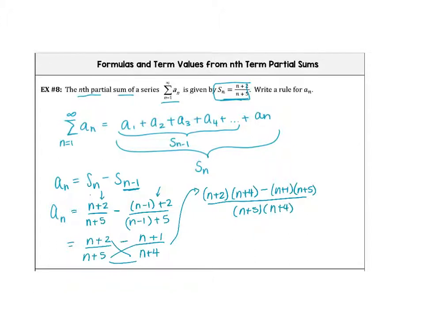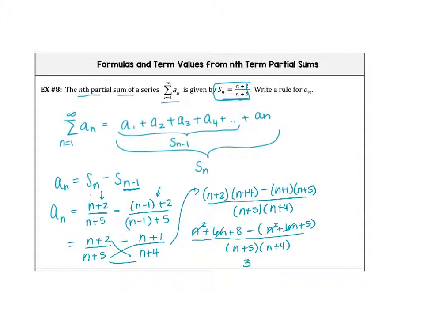All right, so we do need to FOIL out the top. So we're going to have n squared plus 6n plus 8 minus n squared plus 6n plus 5, and again, all of that's over n plus 5 times n plus 4. Collecting our like terms here, notice those n squareds are going to cancel, 6n minus 6n, so we're left with 8 minus 5.